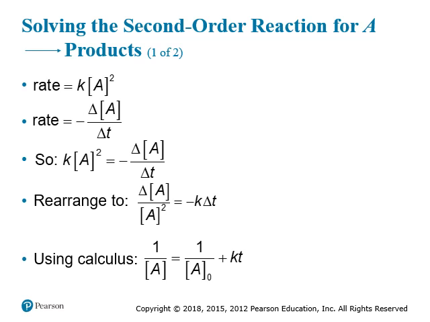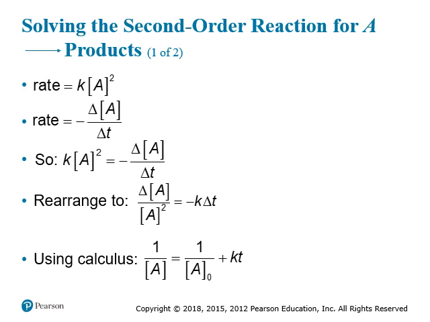At the same time, the rate is still equal to the change in concentration over the time elapsed. So if we equate these two, then we can follow the math to the last equation listed, which suggests that 1 over the concentration of A is equal to 1 over the concentration of A initially, or A naught, plus kt.